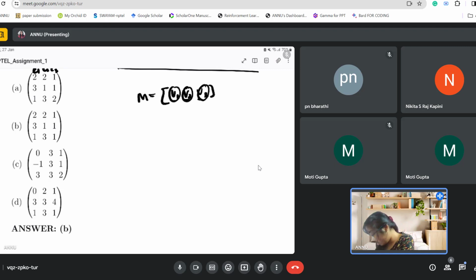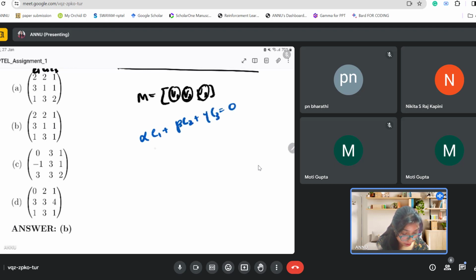You have to just check whether it follows the linear combination of vectors or not. So alpha c1 plus beta c2 plus gamma c3 equals 0 if and only if alpha equals beta equals gamma equals 0.